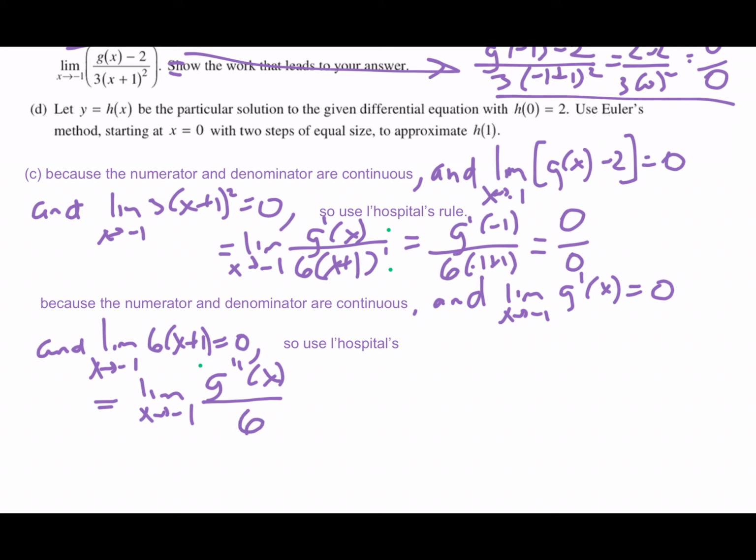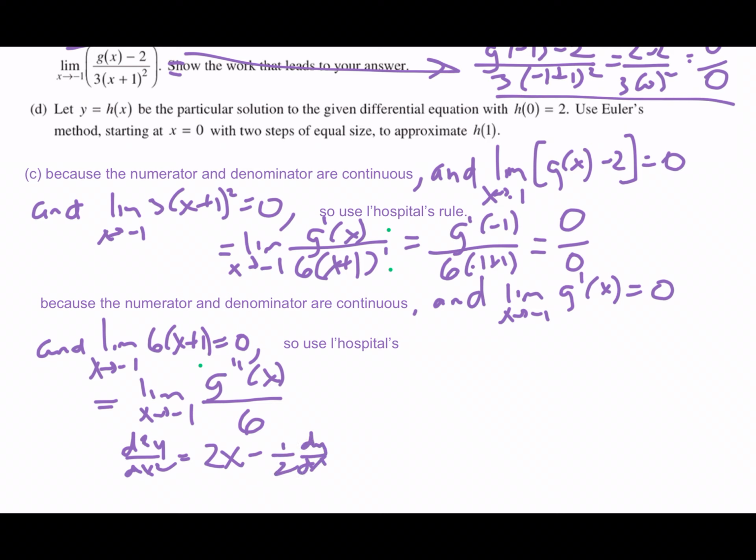Okay, now my limit as x approaches -1 of g double prime of x, we found in part A, that my second derivative was equal to twice x minus 1/2 dy dx.